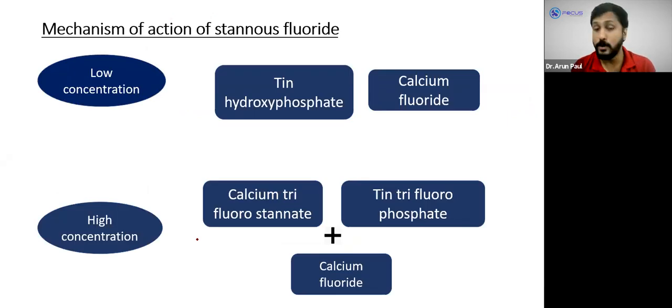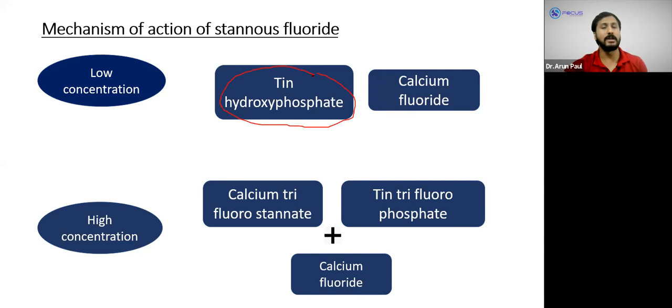Some very important compounds are formed with stannous fluoride. You have two concentrations, 8% and 10%, denoted here as low concentration and high concentration. In a low concentration, you have tin hydroxyphosphate and calcium fluoride. So there are only two compounds formed. Tin hydroxyphosphate is very important because this is the compound responsible for the metallic or astringent taste of stannous fluoride.